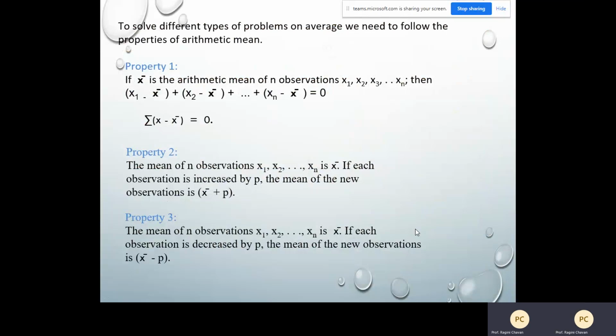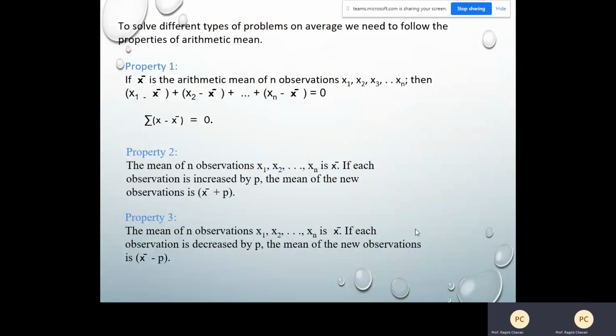That means summation of all xi's minus x bar is coming 0. That means if we subtract arithmetic mean from every observation and if we take total of that, it is always coming 0.